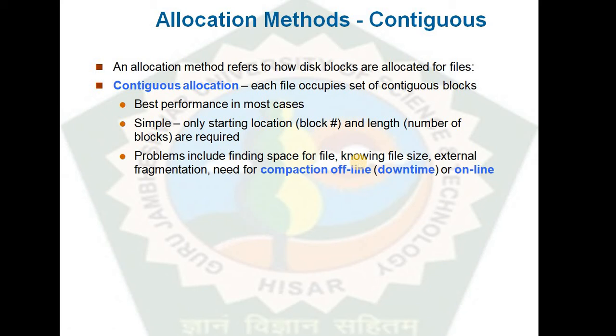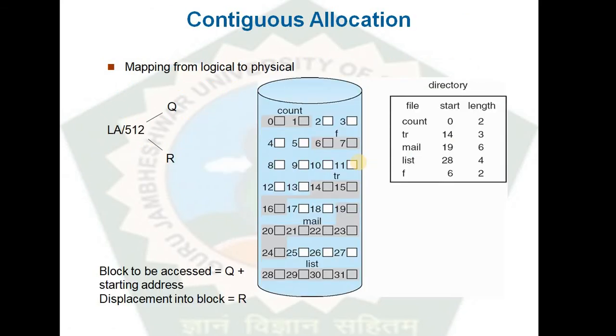Let's see an example. This is our secondary storage or a disk, and these are the blocks where the data can be inserted in the form of files. These are various files or directory.